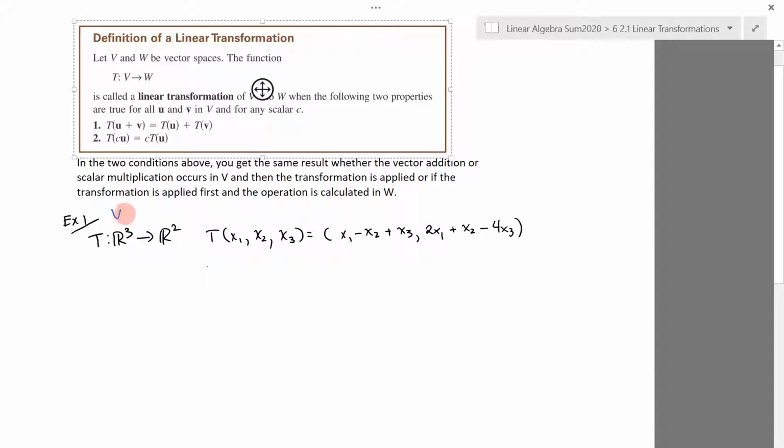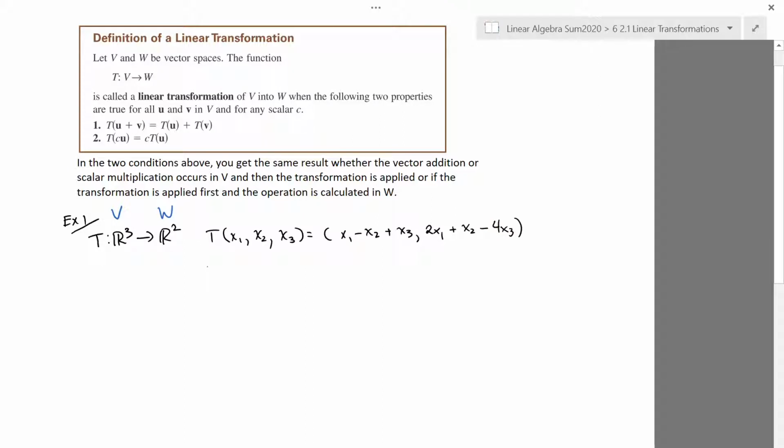So this is my V, this is my W, and the transformation is given by: a 3-coordinate vector x1, x2, x3 is transformed into a 2-coordinate vector by doing the calculation specified here, right?